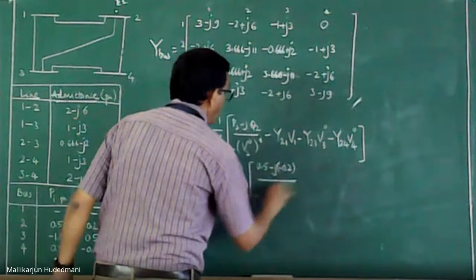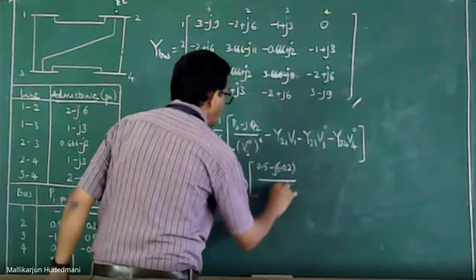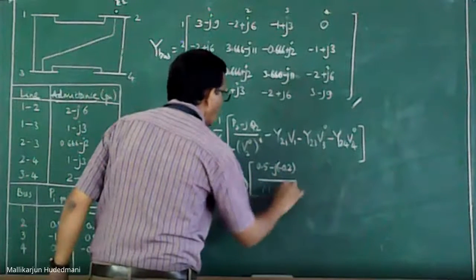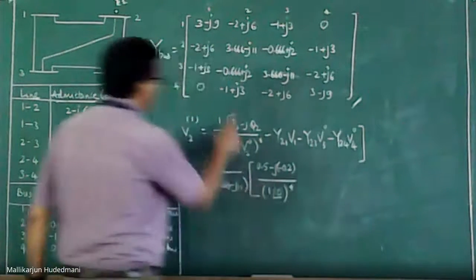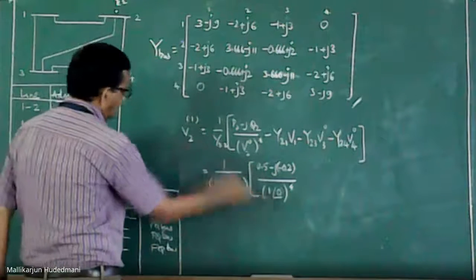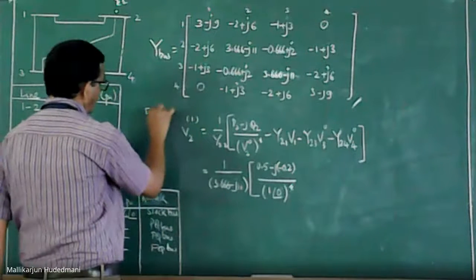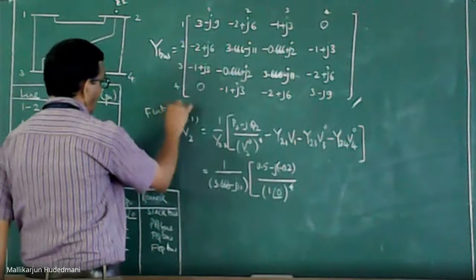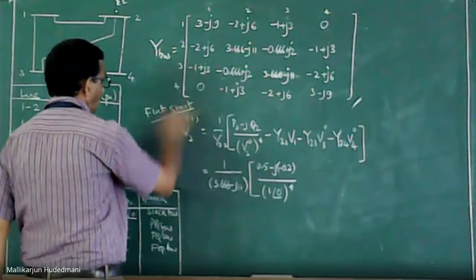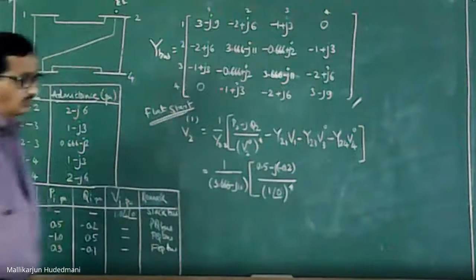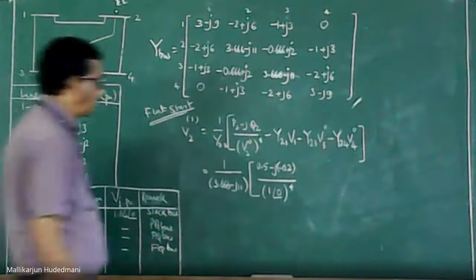This divided by 1 angle 0 conjugate. This is called the initial estimate of this. So flat start is referred. Flat start is used. Means we will be using 1 angle 0 for unknown.